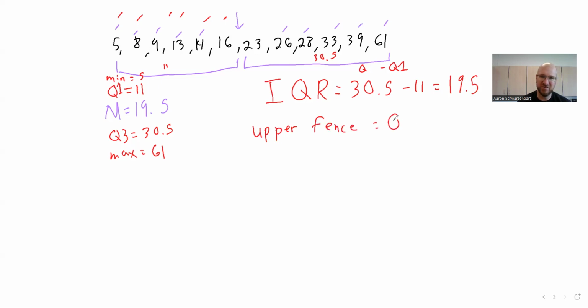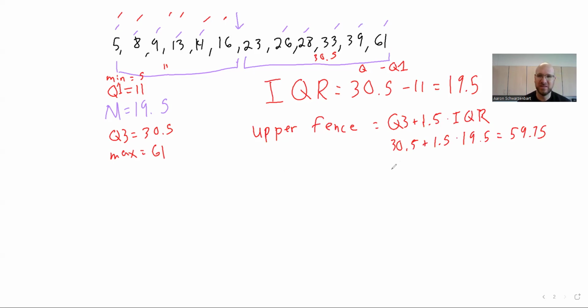The upper fence is Q3 plus 1.5 times IQR. Why is it 1.5? That's the definition. Q3 is 30.5 plus 1.5 times 19.5, and this gives us 59.75.